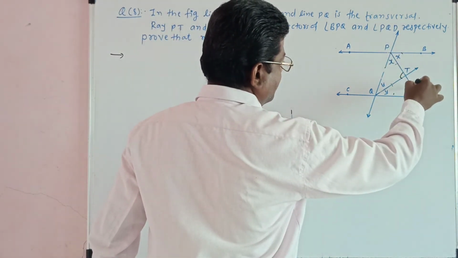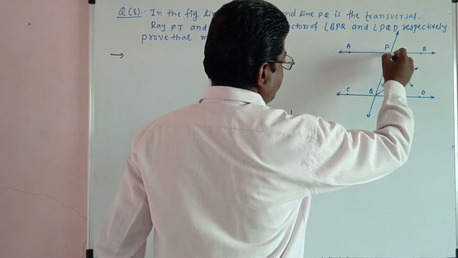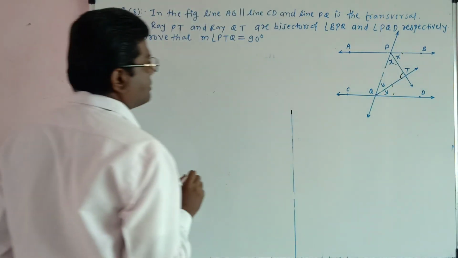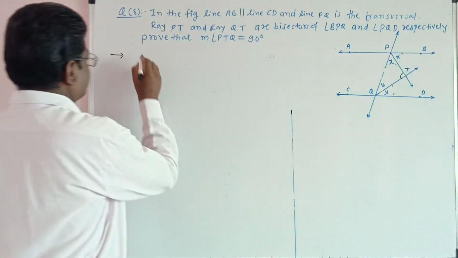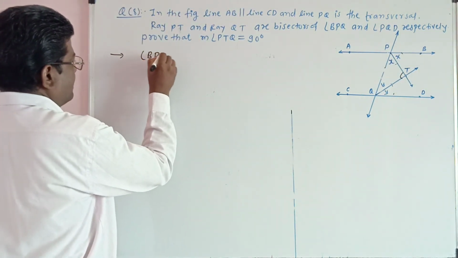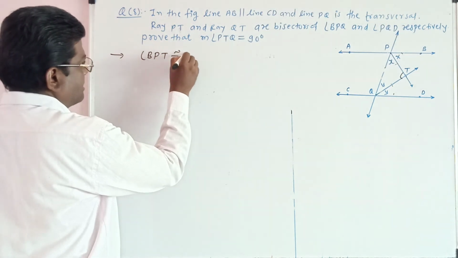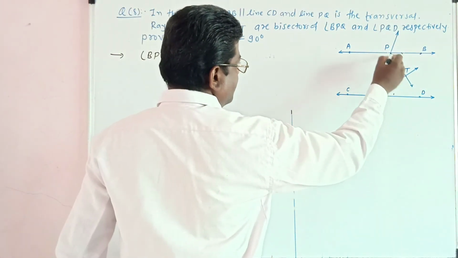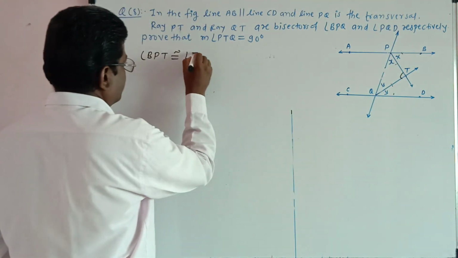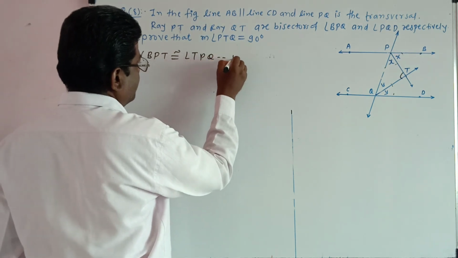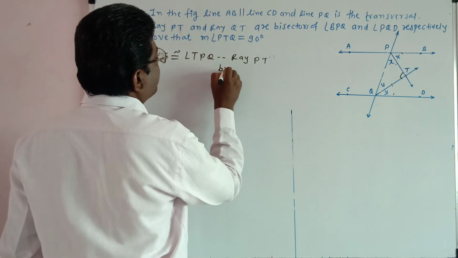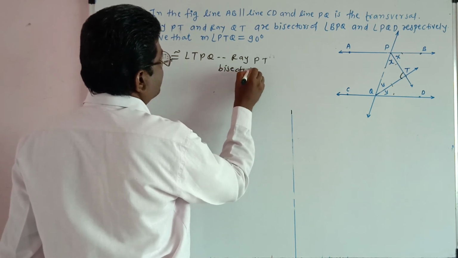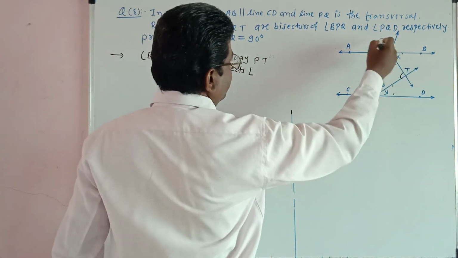This ray PT bisects angle BPQ. So angle BPT is congruent to angle TPQ. The reason is ray PT bisects angle BPQ.